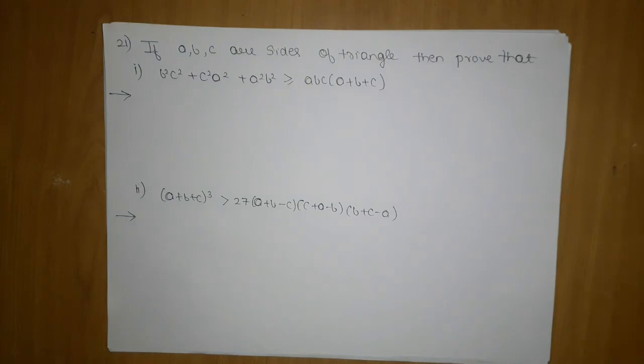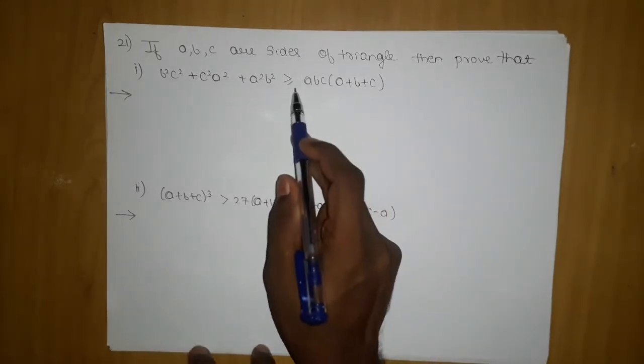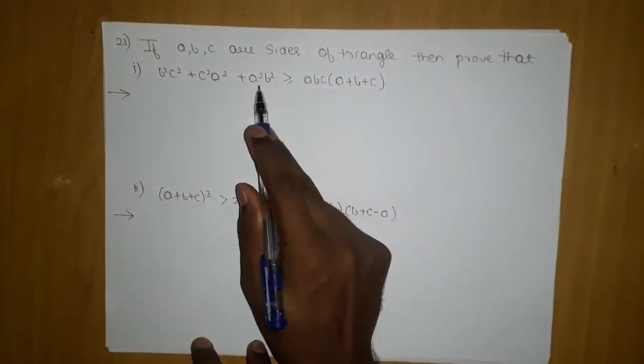One thing I'm very sure of is that I will apply AM greater than or equal to GM. But on what terms we should apply it is very important. Here we want abc also outside, so we'll target any two terms.